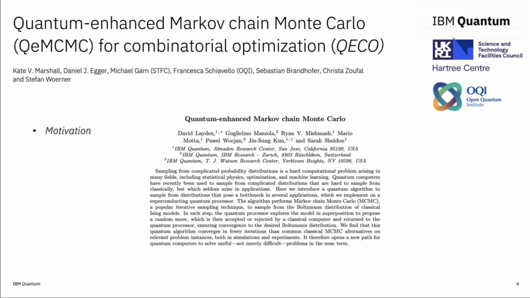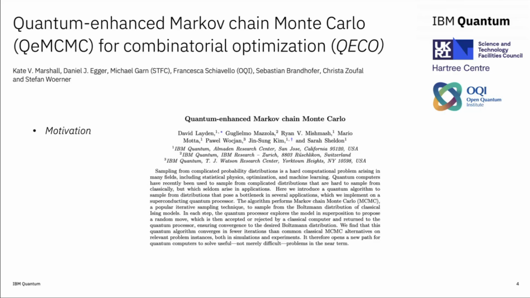Yes, so first of all, a bit of context and a bit of history. A few years ago, a paper was published in Nature that introduced this algorithm, Quantum Enhanced Markov Chain Monte Carlo. It was from a group of colleagues of ours at IBM, and it captured some really nice results for this sampling algorithm.